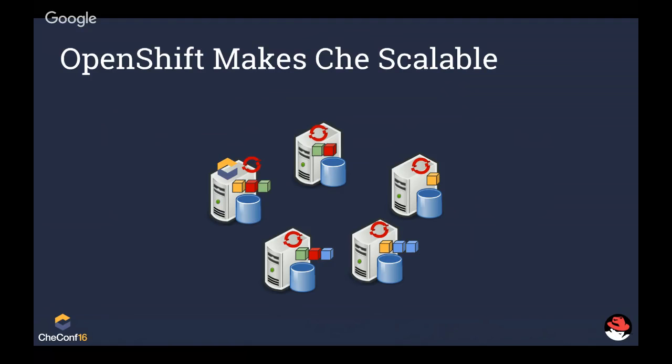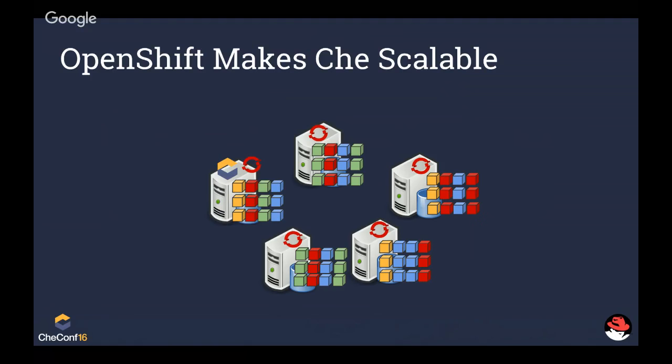If you are instead using OpenShift and Kubernetes, which runs just below OpenShift, your workspaces will be scheduled on the different nodes of your cluster. So you will be able to run many more workspaces on your single instance of Che, and that comes without any configuration. OpenShift does it for you.